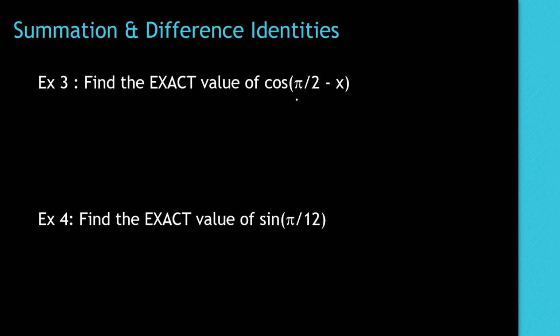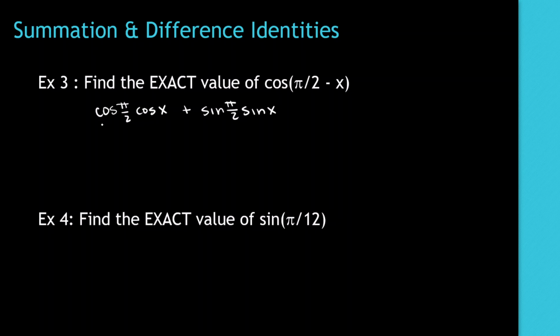This will also allow me to prove what we called our cofunction identity. Let's see if we can remind ourselves using this formula of what this would be. It'll be cosine of pi halves times the cosine of x plus the sine of pi halves times the sine of x.